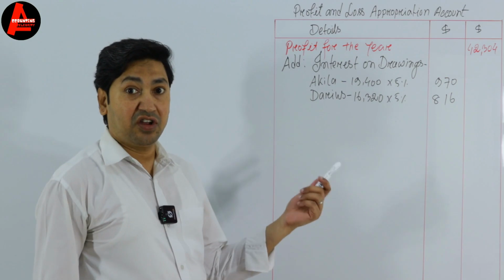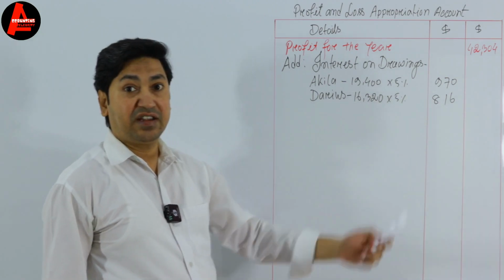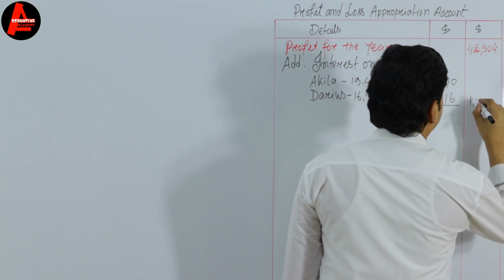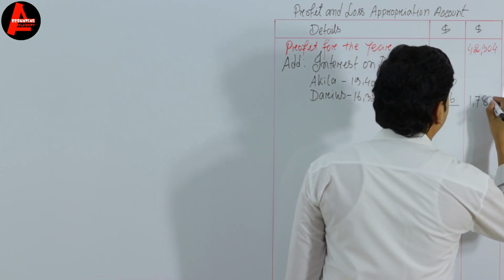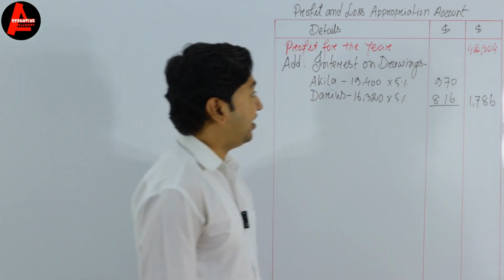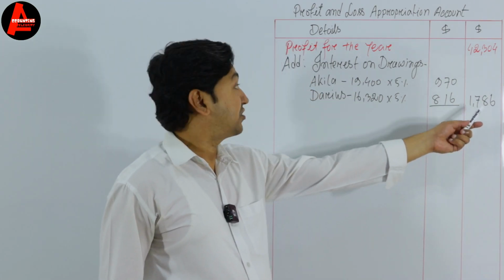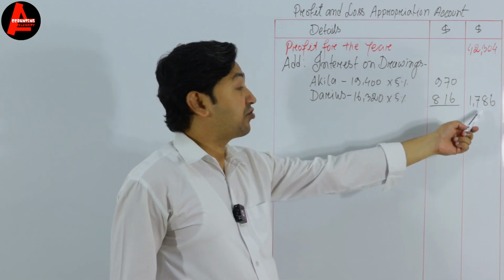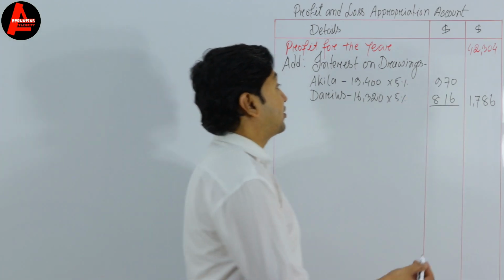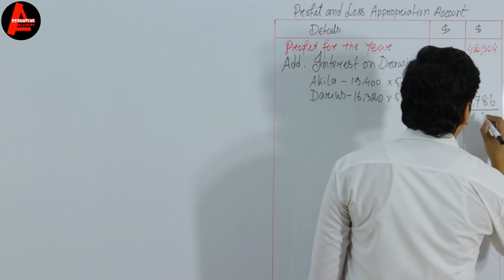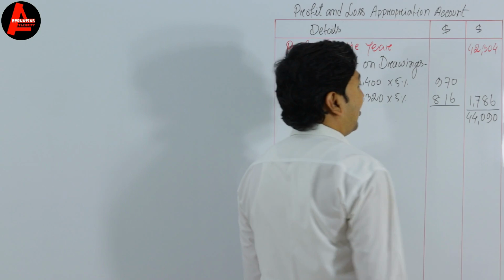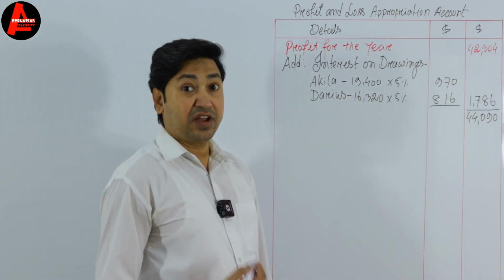This is the interest on drawings. Adding these two amounts, we get $1,786. Now profit for the year plus interest on drawings gives a total of $44,090. This is total revenue.